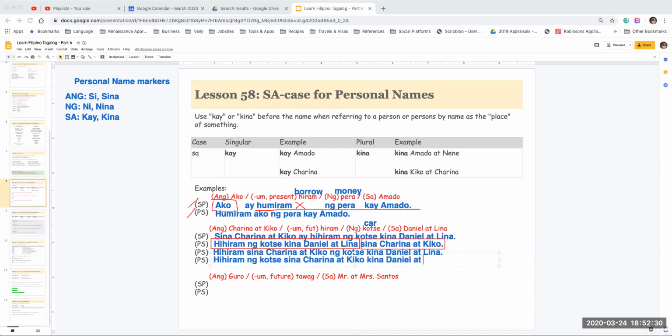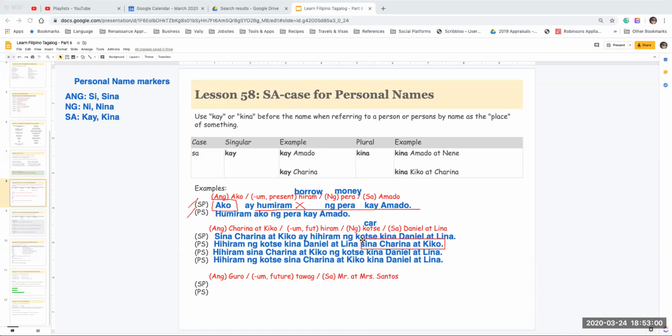There you go. See, as long as you don't change your focus and out of focus, you can place your actor anywhere. You just cannot insert it, of course, between your sa case. But as long as your focus and everything else does not change, you can do this.